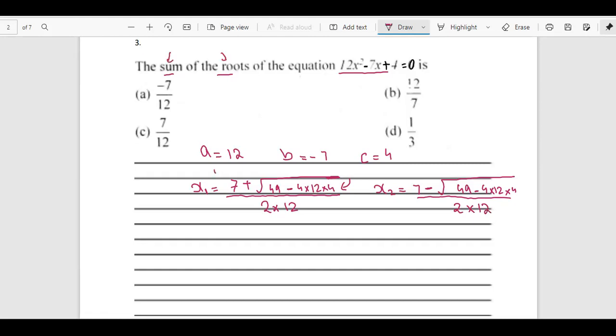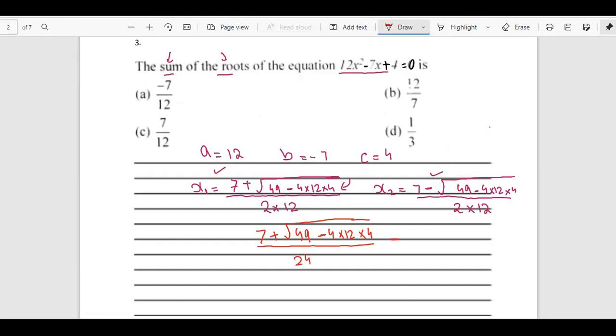This is the first root, this is the second root. Let's add up both of these roots and we are going to get 7 plus under root 49 minus 4 into 12 into 4. I'm not wasting my time in finding out this part, but 2 into 12 is easy, so I can write down 24.